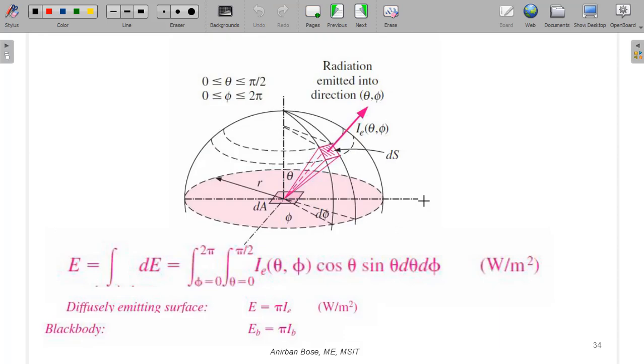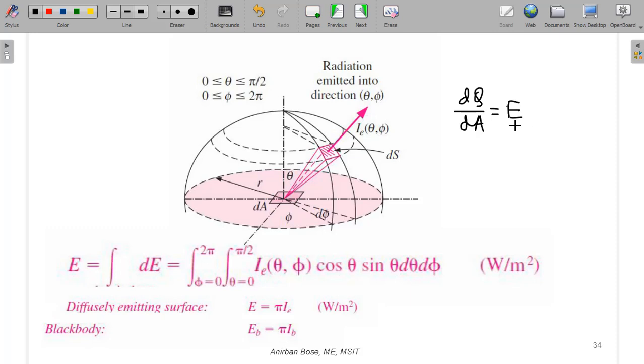So that can be done, and as you can see here, dq divided by dA is what is known as the flux that is coming out from that surface.